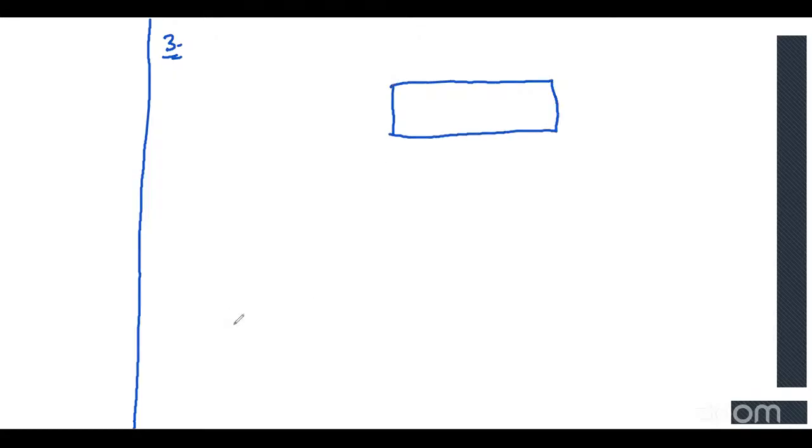And we are having a bullet. The bullet is having a mass m and it is moving with a velocity u.